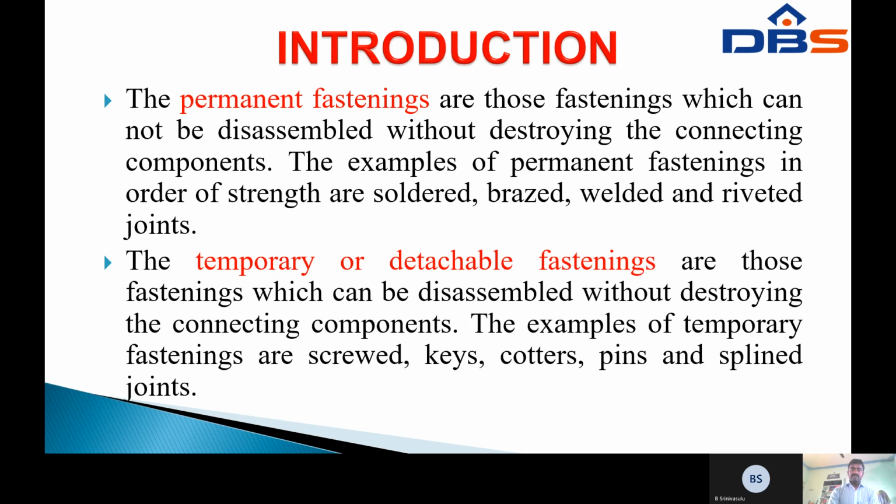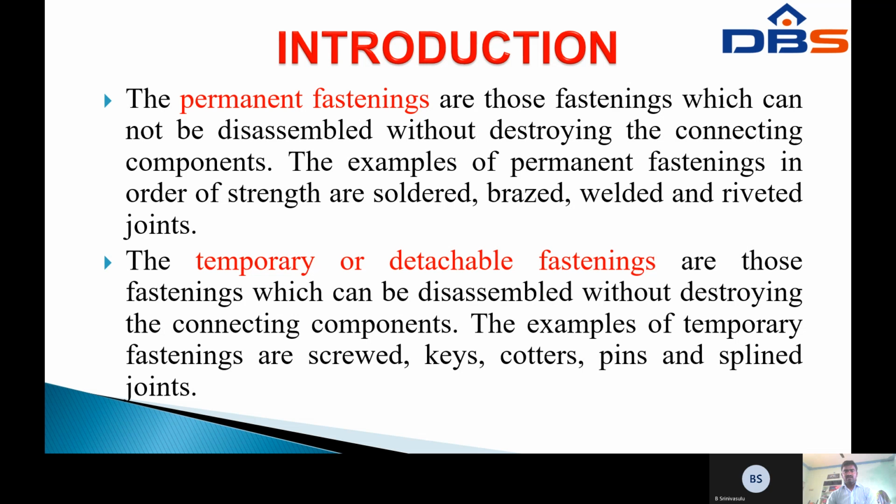The best examples of permanent joints are soldered, brazed, welded, or riveted joints. Next, temporary or detachable fastenings are those which can be disassembled without destroying the connecting components.